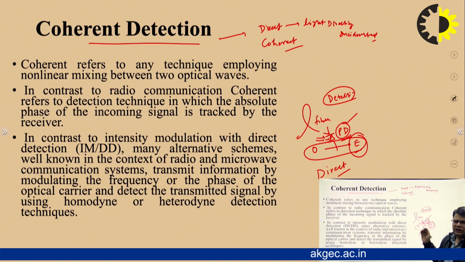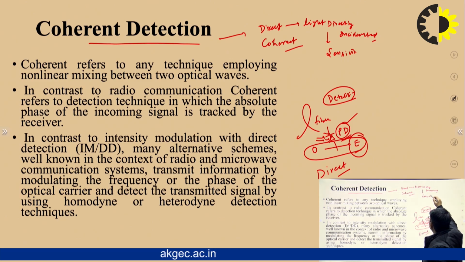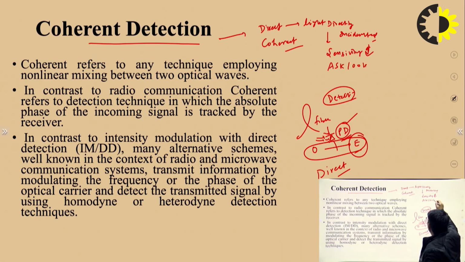In this process, we have certain limitations. In direct detection, the sensitivity is less; the system is less sensitive. Another disadvantage is that here we can use only the ASK or OOK modulation scheme. Another limitation is that direct detection or ASK can be applied only when the data rate is less than 10 Gbps.